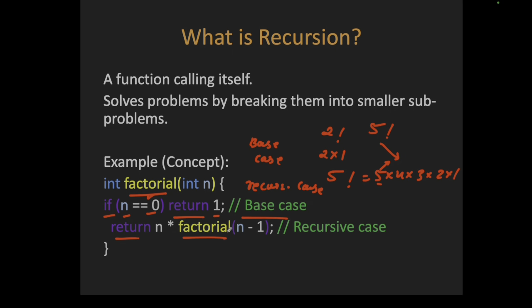What we are doing is we are calling the factorial itself. If it reaches the base case, it will return 1. Else we decrease the value by 1 every time, that is, it is calling itself. So whenever the control comes over here, it will return to this place again, check this condition and return again.